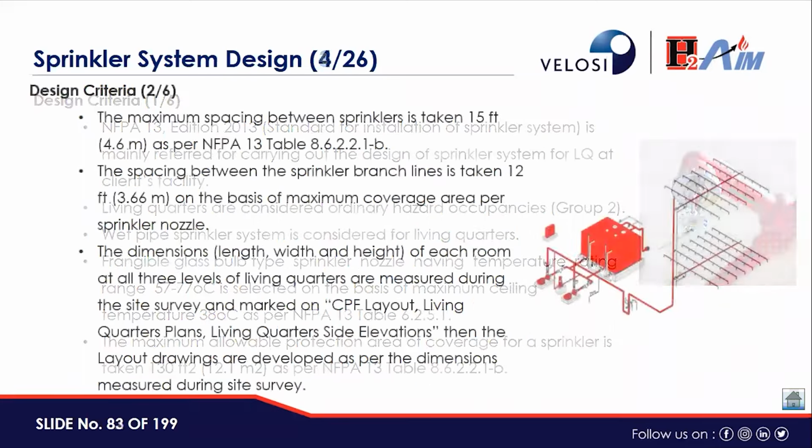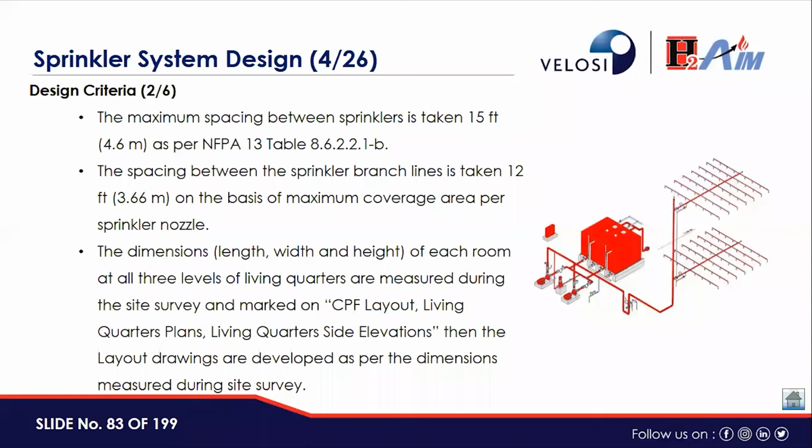The maximum spacing between sprinklers is taken as 15 feet, which is equivalent to 4.6 meters, as per the same table. And then the spacing between the sprinkler branch lines is taken as 12 feet on the basis of maximum coverage area per sprinkler nozzle.